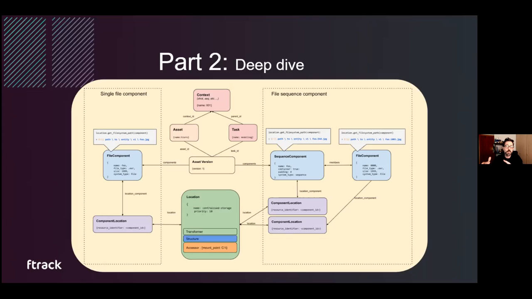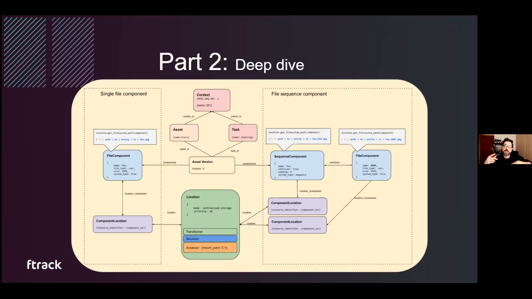When you deal with sequence components, the game gets slightly more complicated, because the sequence component is basically a container that retains file components. Because you can transfer things between sites, this is what allows you to know, for example, when you're transferring file sequences, how far along the file sequence has been transferred.